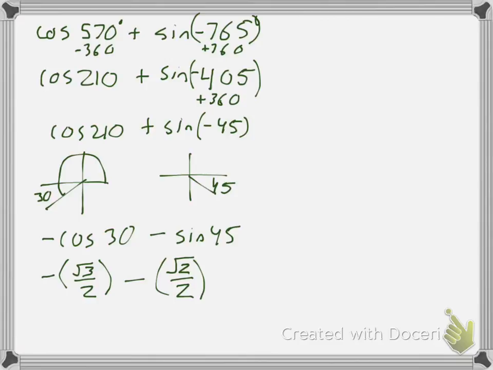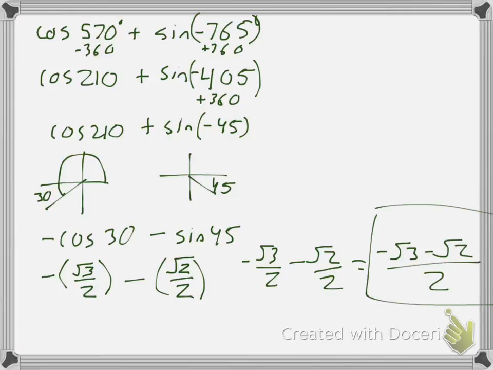Hey, we like this, guys. It has common denominators already. So we end up saying that's a negative square root of 3 over 2 minus the square root of 2 over 2, which ends up making it all over 2, and we're happy again.